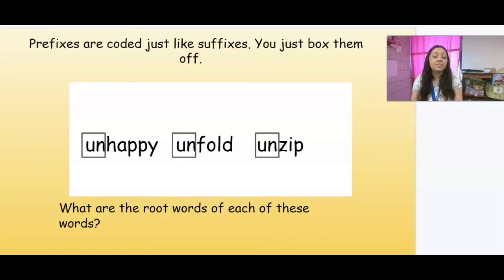Okay. Prefixes are coded just like suffixes, except it's going to be a box at the beginning. So now we have to look at the end and the beginning of the words to see if we need to code things. Look, un is boxed off because happy is the root word. Un is boxed off because fold is the root word. Un is boxed off because zip is the root word.